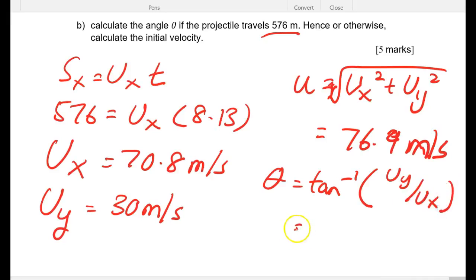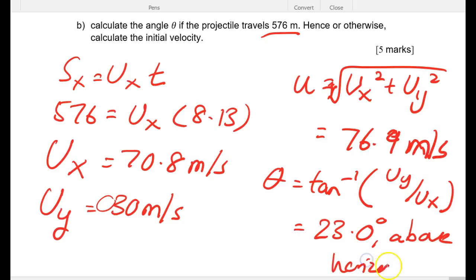Again, try it yourself, it is 23.0 degrees. Now since Uy is positive, you expect this to be above horizontal. So that would be the answer for the magnitude as well as the direction.